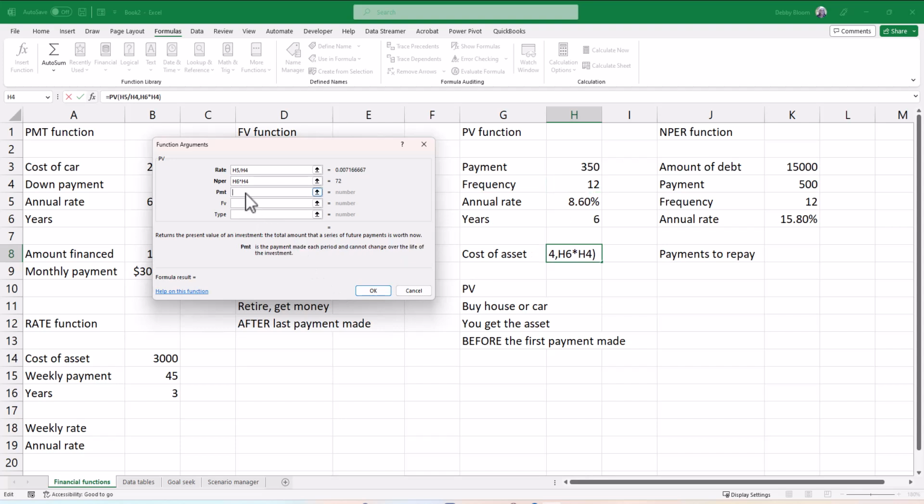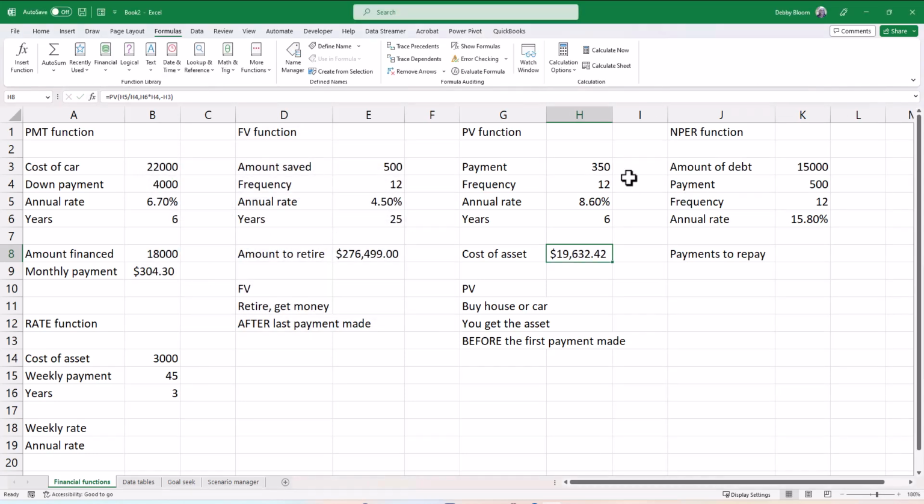And then in the PMT, I'm going to type a negative and then click on the $350, and you are shopping for a $19,600 car. If you can afford $350 a month in payments, you want to go 6 years, and the dealer quotes you an annual rate of 8.6%.